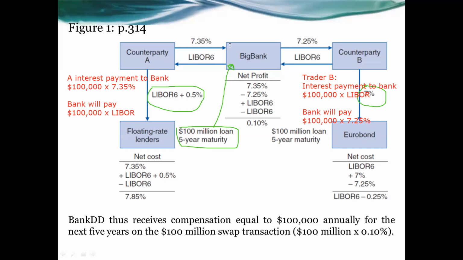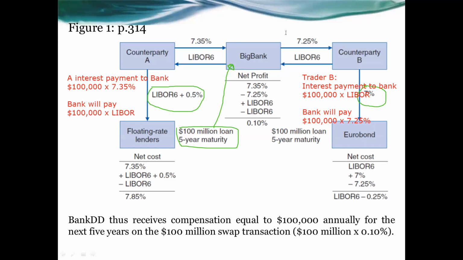Now you might have an issue. Why does the bank enter into this particular transaction? Because it doesn't receive anything, and doesn't have any security for this transaction. So why are they entering? Now look at this.